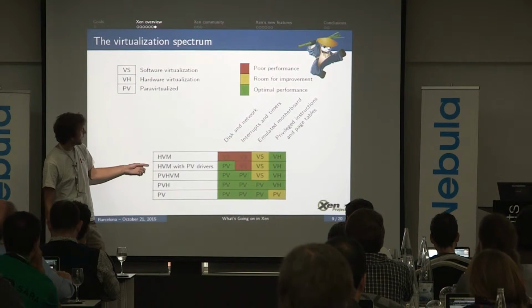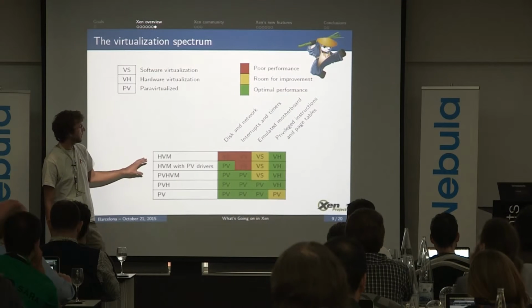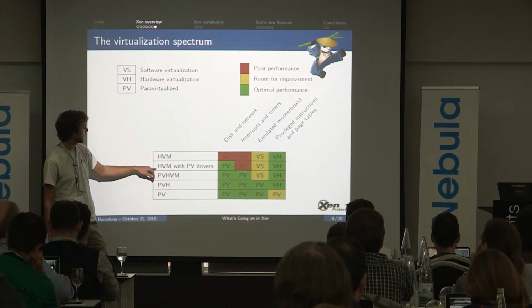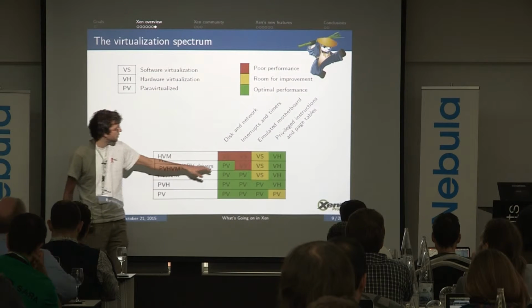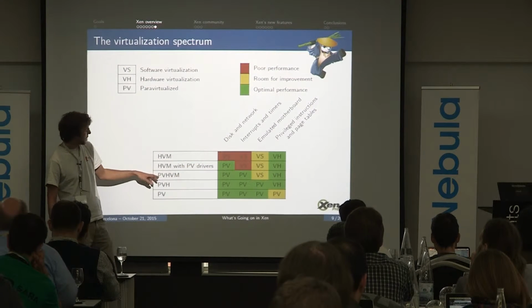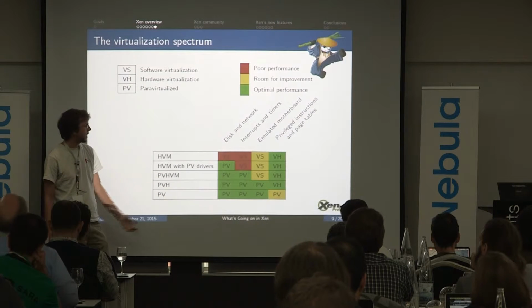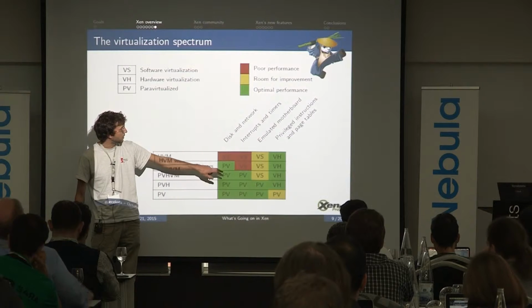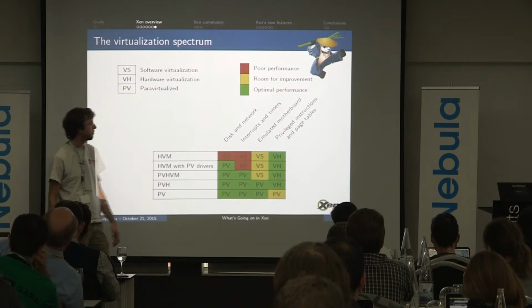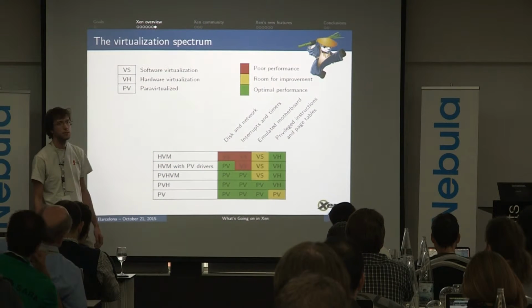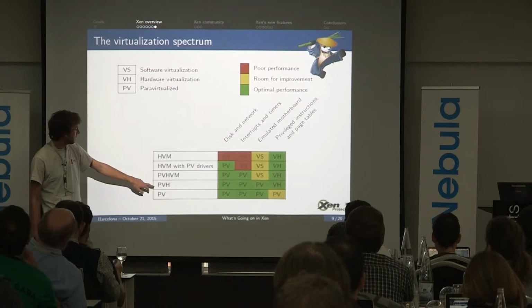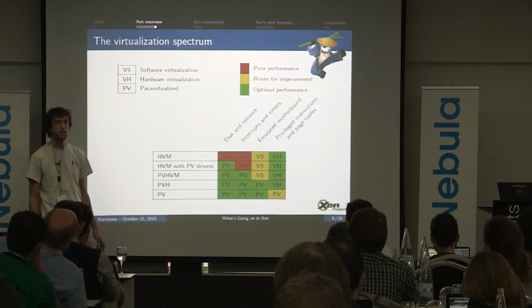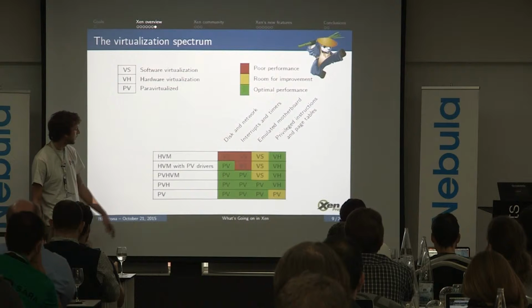And then in the middle, we have guests that make use of different features. For example, we can have an HVM guest with PV drivers. We can have a PVHVM guest, which uses PV drivers for the disk and the network card, and it also uses PV interfaces for the interrupts and the timers. And finally, we have PVH, which is this new mode I've been speaking about.